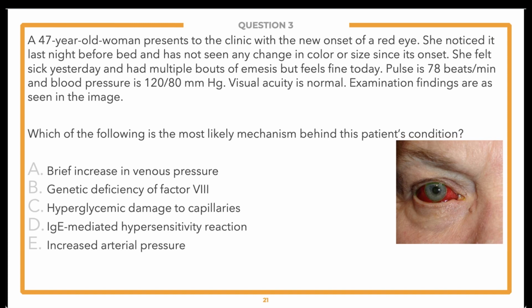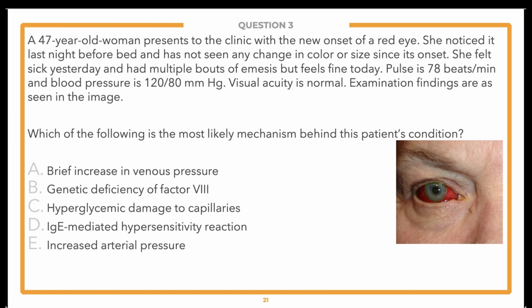And there's almost a tie for second place: increased arterial pressure, IgE-mediated hypersensitivity reaction, and hyperglycemic damage to capillaries, all getting roughly 20%. So very interesting here.